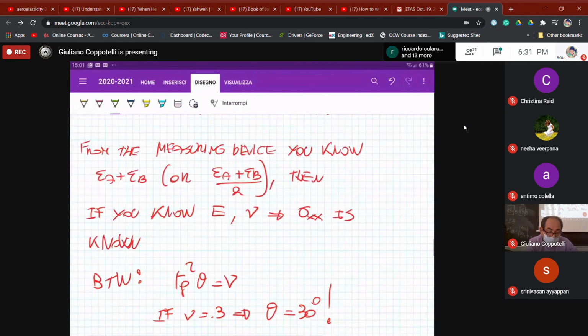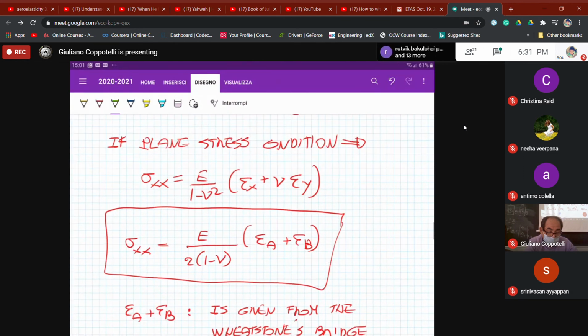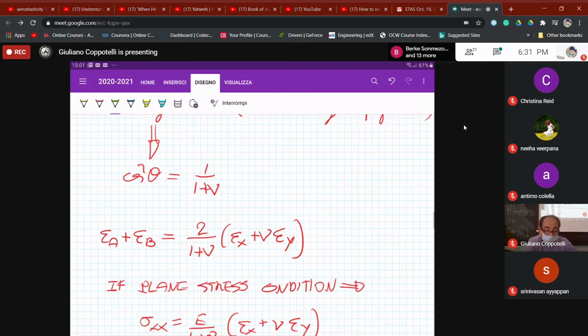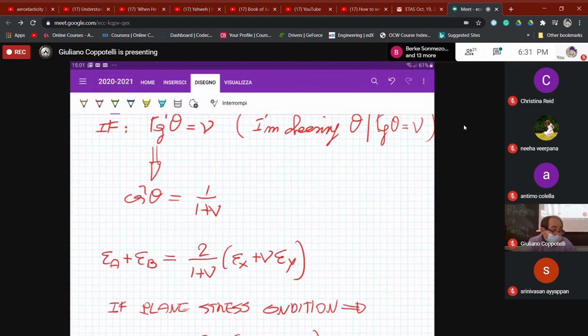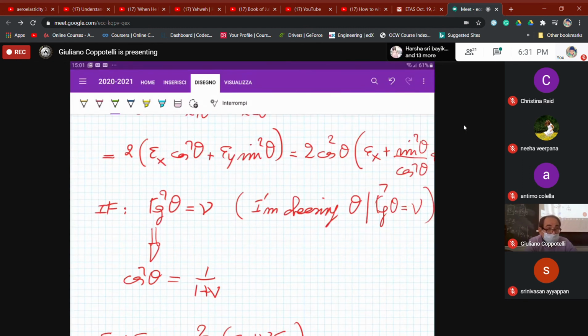Here. Okay, in which you are assuming that tangent square theta equal to Poisson ratio. That is theta equal to 30 degrees. And then you got that very nice equation. If not, you have to come back here and see what happens. Okay, it's not that easy.